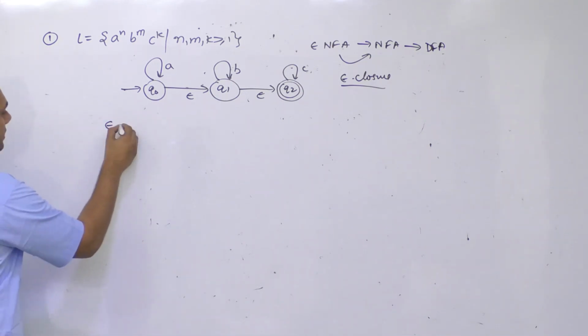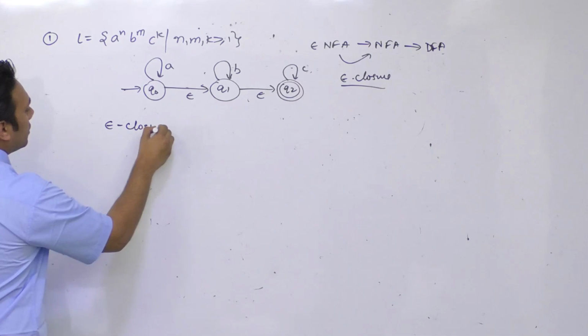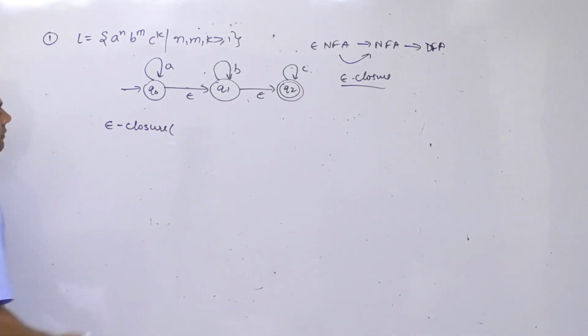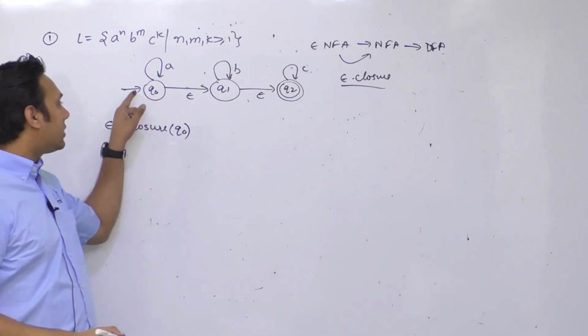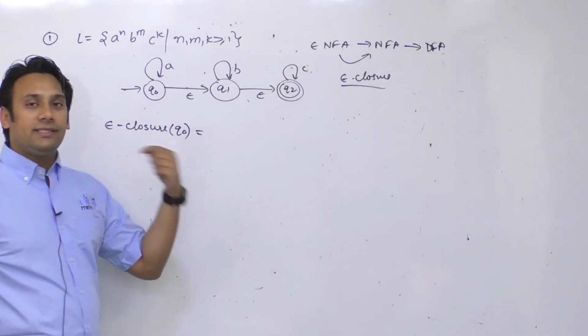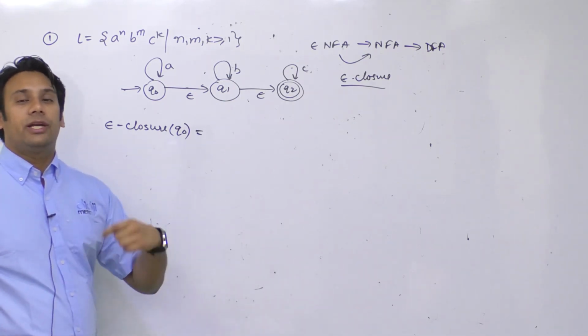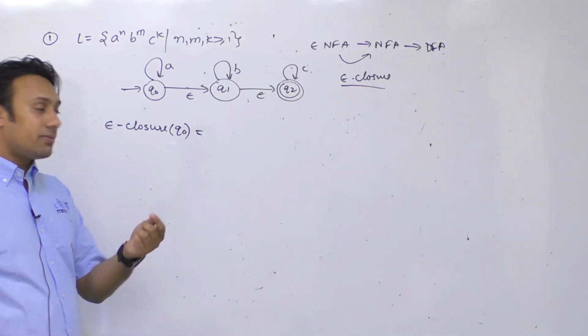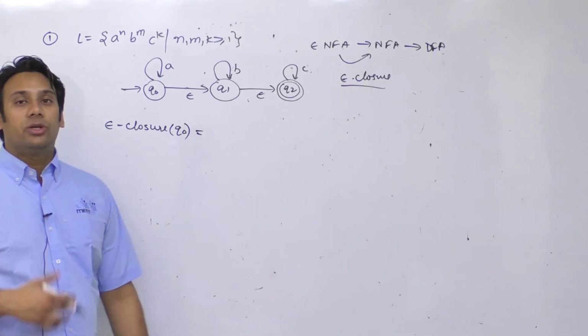तो सबसे पहला आपके पास आता है यहाँ पर epsilon closure. So epsilon closure means if you are at a particular state, जैसे if I say you are at a state Q0, now without looking at any symbol, that means by looking at a symbol of length 0, what are the states you can go to?